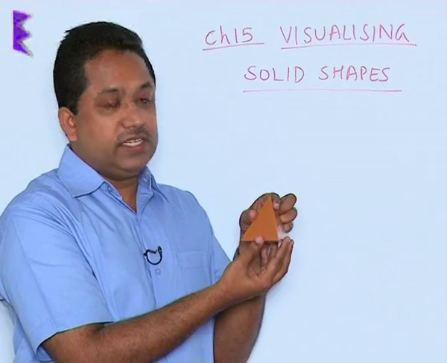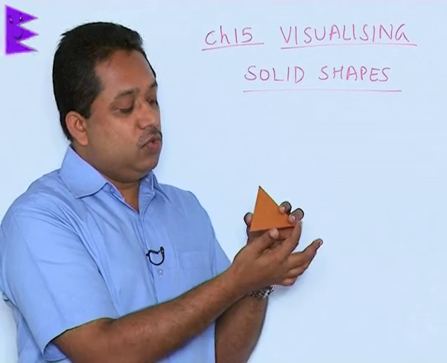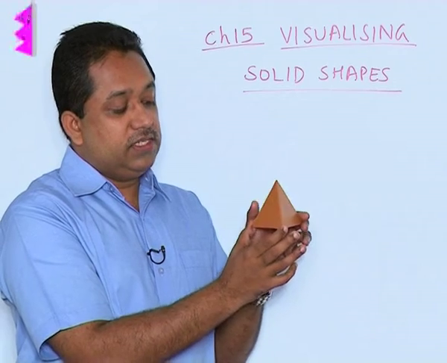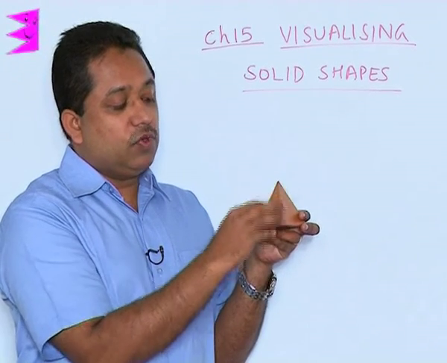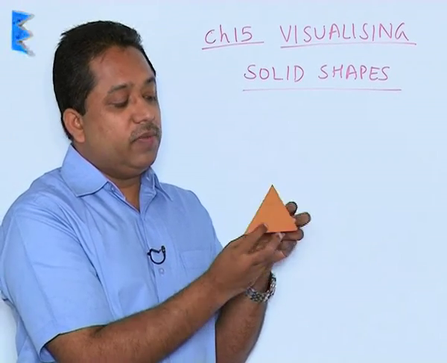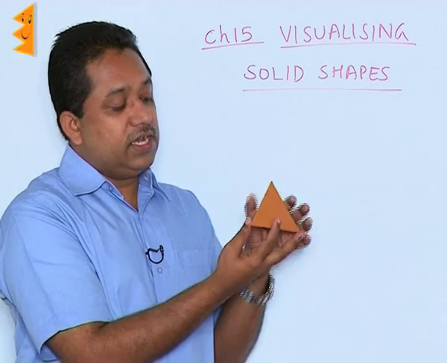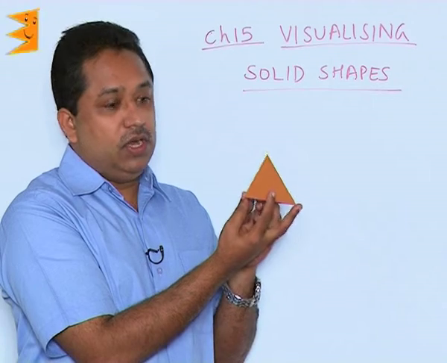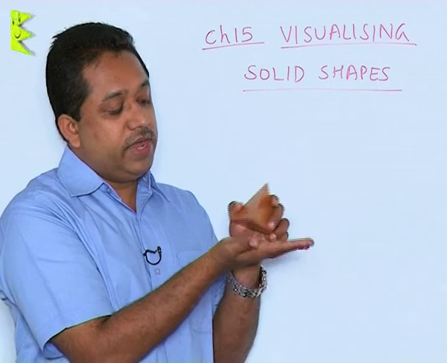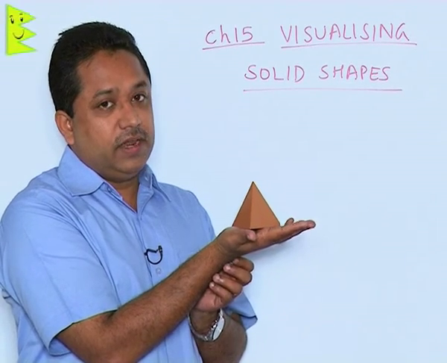So, a total of 6 edges, and we have 1, 2, 3 vertices here and 1 vertex on top. So, 4 vertices. So, Euler's formula can be verified for this figure as well. It is called a triangular pyramid because the base of this pyramid is triangular in shape.